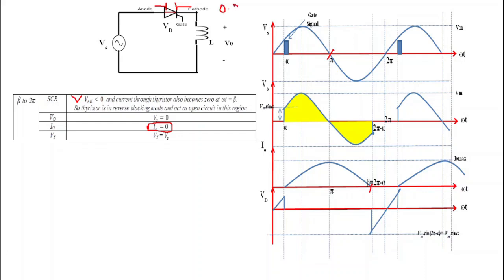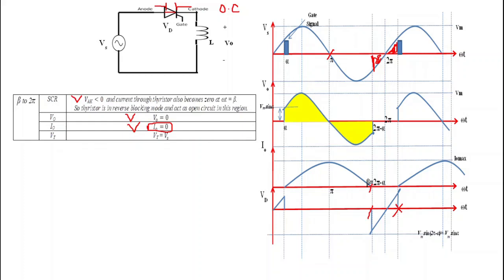When the thyristor is open circuited, I0 is equal to 0 and V0 is also equal to 0, and the source voltage will appear across this thyristor. Here we can see that this portion of the source voltage appears across the thyristor from beta to 2 pi plus alpha.